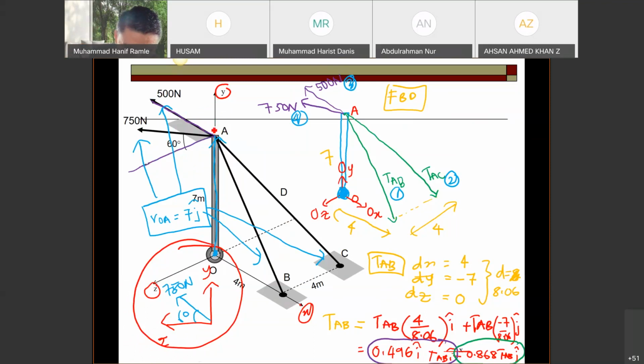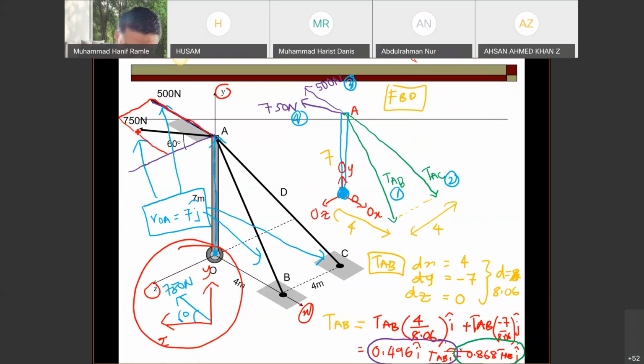The plane should be like this, from here to here to here.